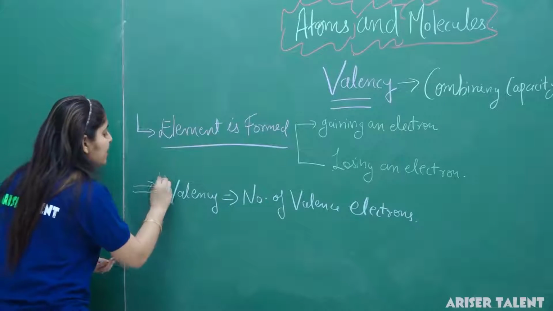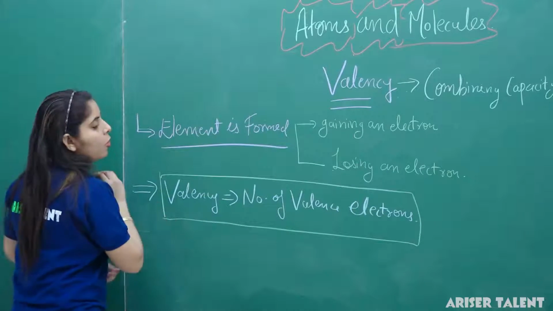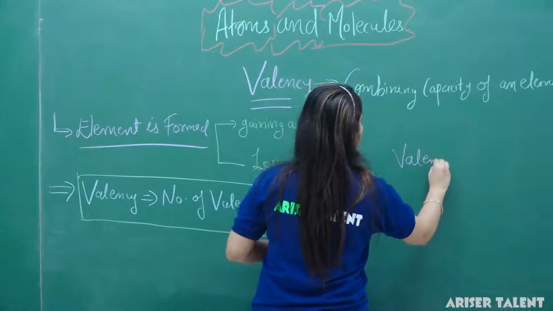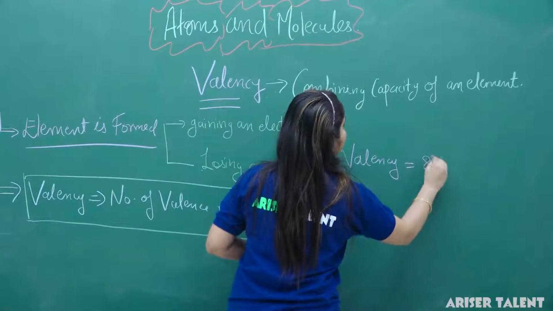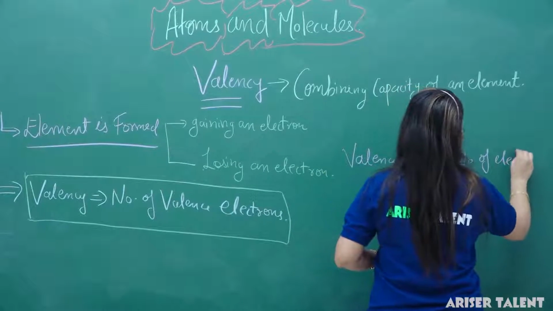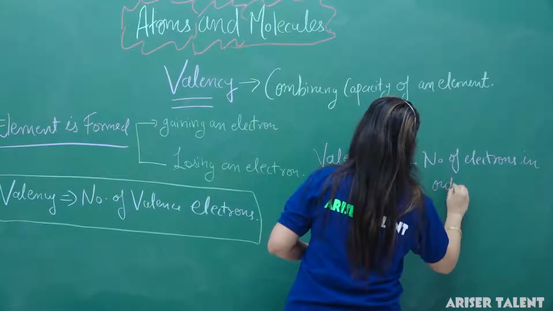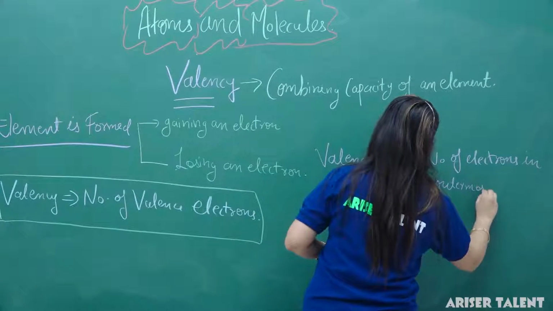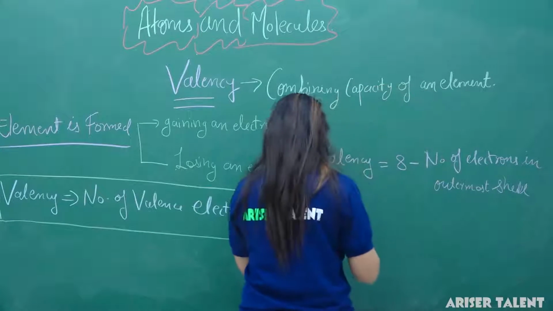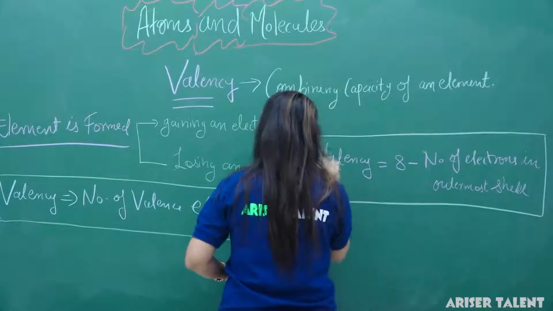So, we will determine valency by this simple formula: valency is 8 minus the number of electrons in the outermost shell. So, it is the formula for calculating the valency of a substance.